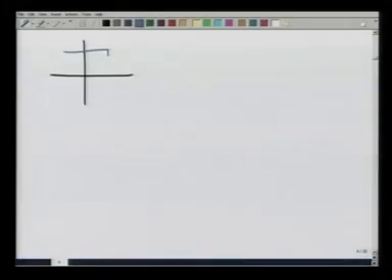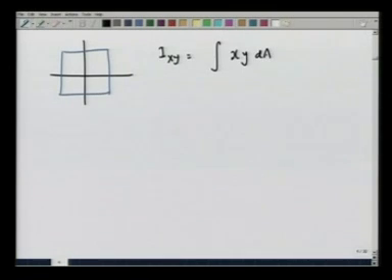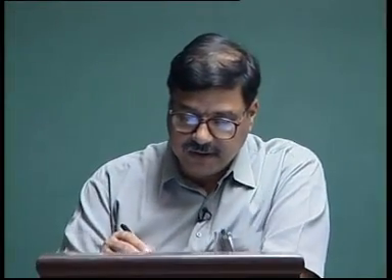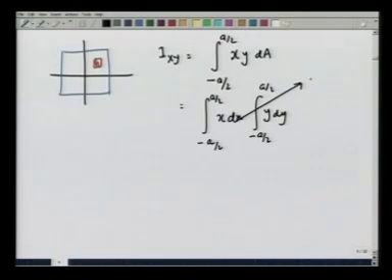Third, for the product of area, you see that I xy is equal to integral xy dA, and if I choose a small area dA here, this will be equal to integral from minus a by 2 to a by 2 of x dx times integral from minus a by 2 to a by 2 of y dy, and by antisymmetry of the function x and y, this goes to 0.